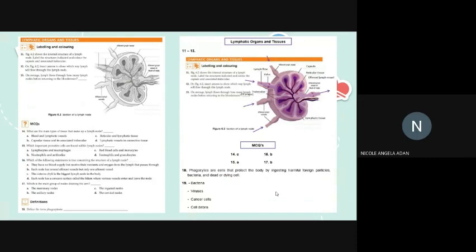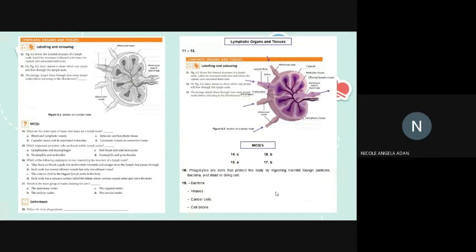So on the right part, we have the capsule, reticular tissue, efferent lymph vessel at hilum of node, then the lymphatic tissue. For the left part, we have the afferent lymph vessel, lymph flow, valve, trabeculae, then afferent lymph vessel.